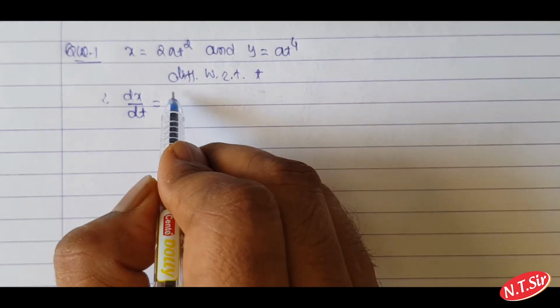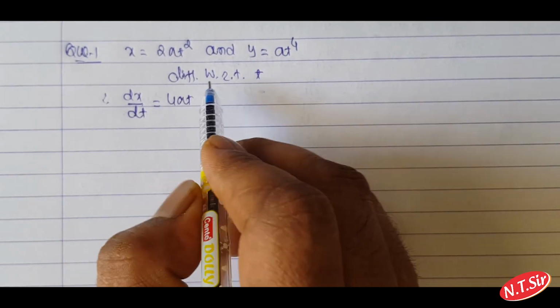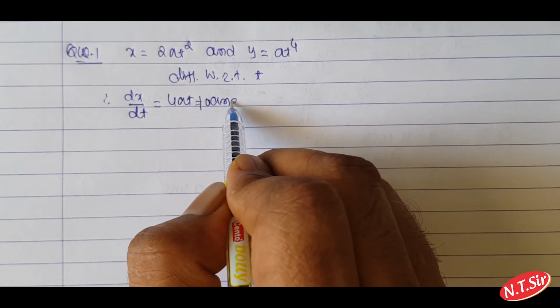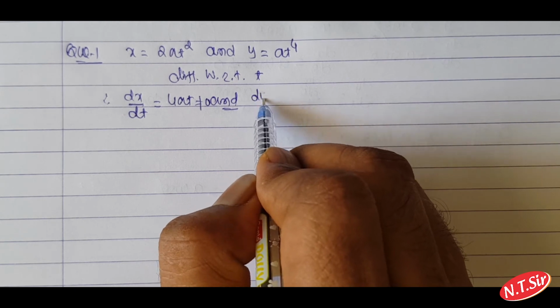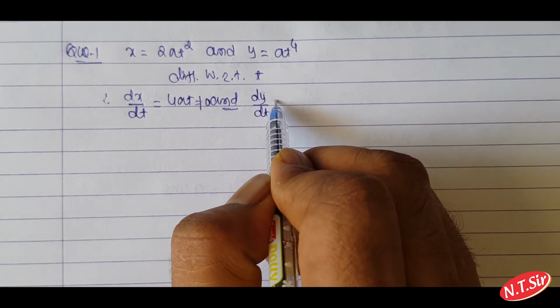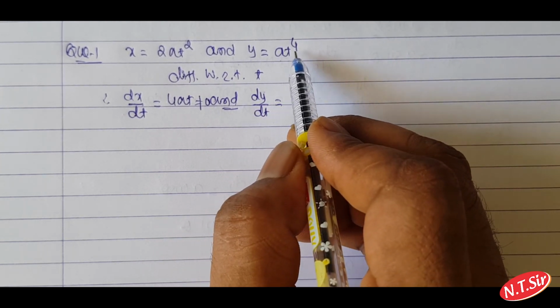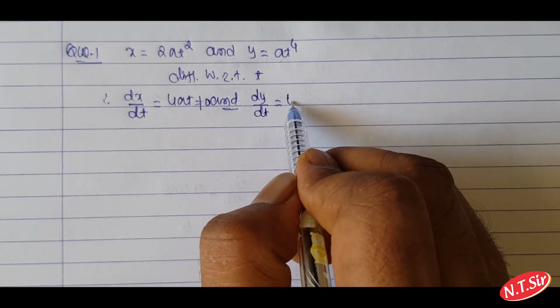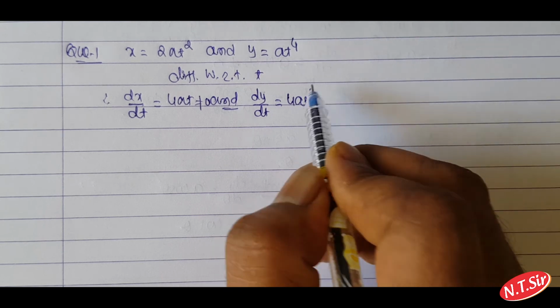So 2 into 2 is 4at, and this is not equal to 0, and dy by dt is equal to a is constant and derivative of t raised to 4 is 4t cube, that is 4at cube.